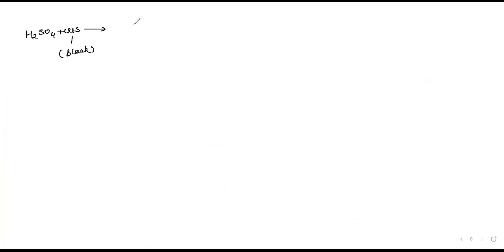So whenever black metal sulfide reacts, it will form CuSO4 plus H2S. And if you want to know the color of CuSO4, it is blue by nature. So we can predict the color of CuSO4.